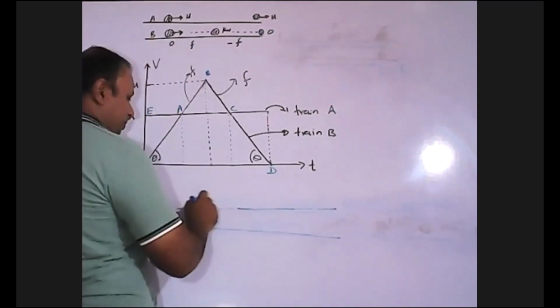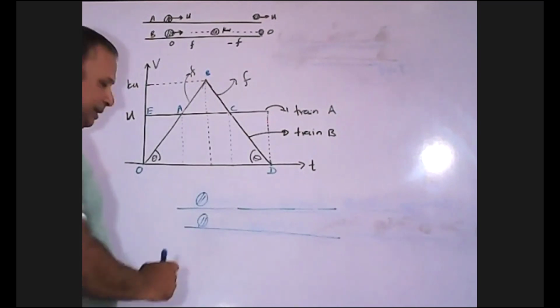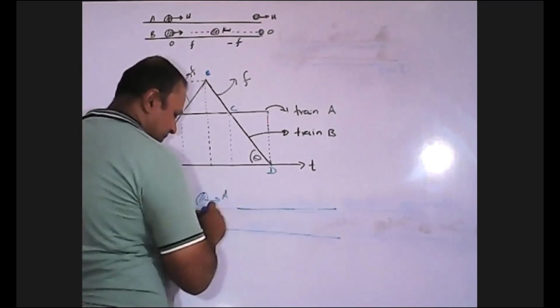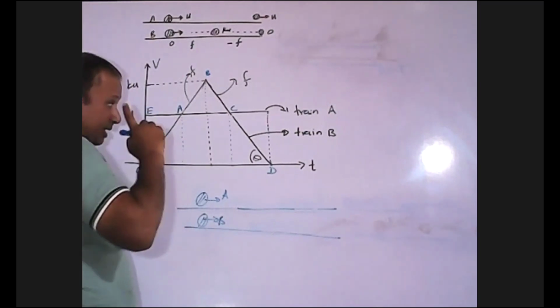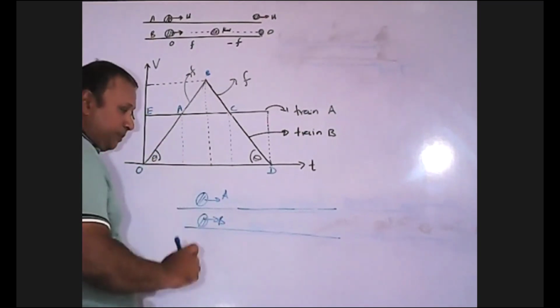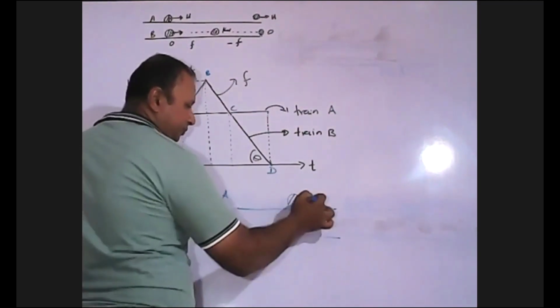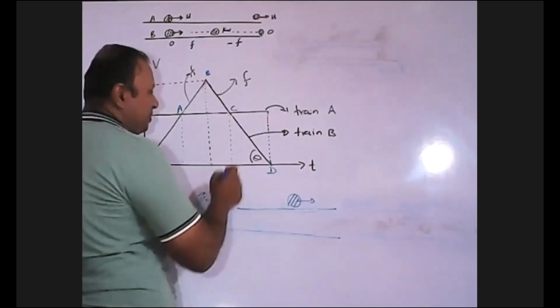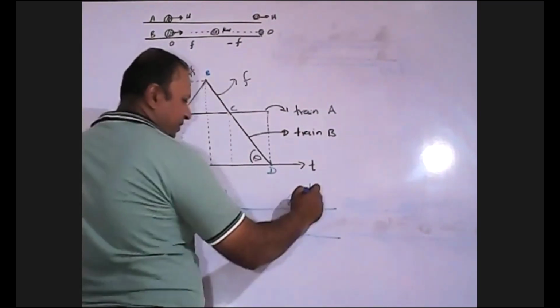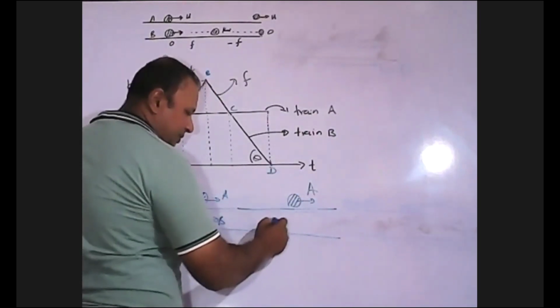Now the second argument. Suppose now this is A, this is B. Suppose train A at point C, that means at time C, train A is in this place and train B is in this place.